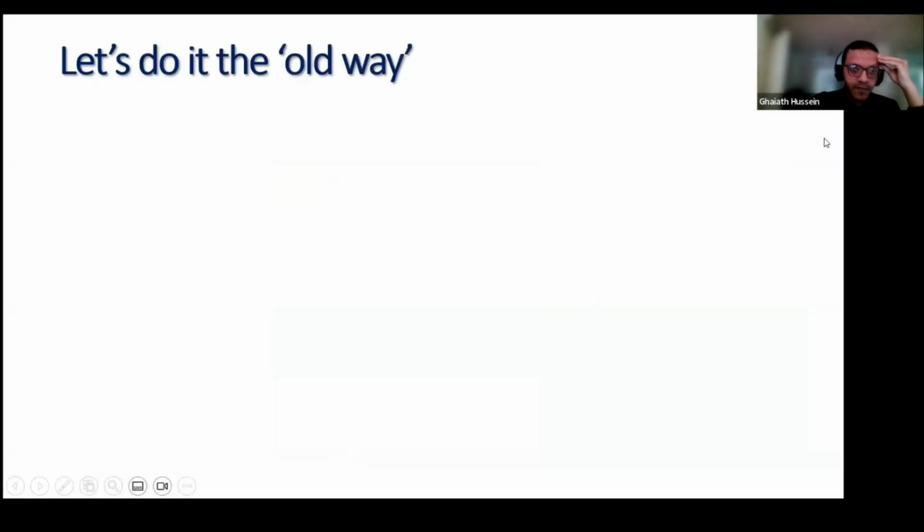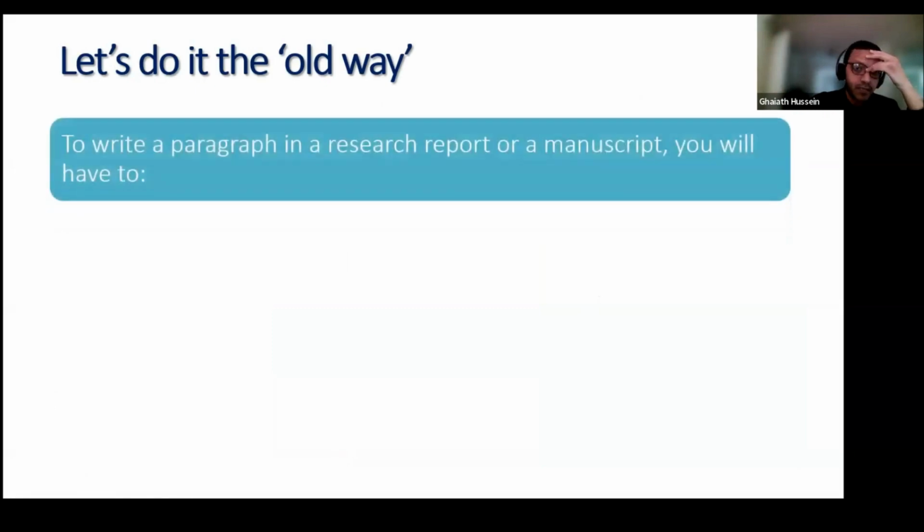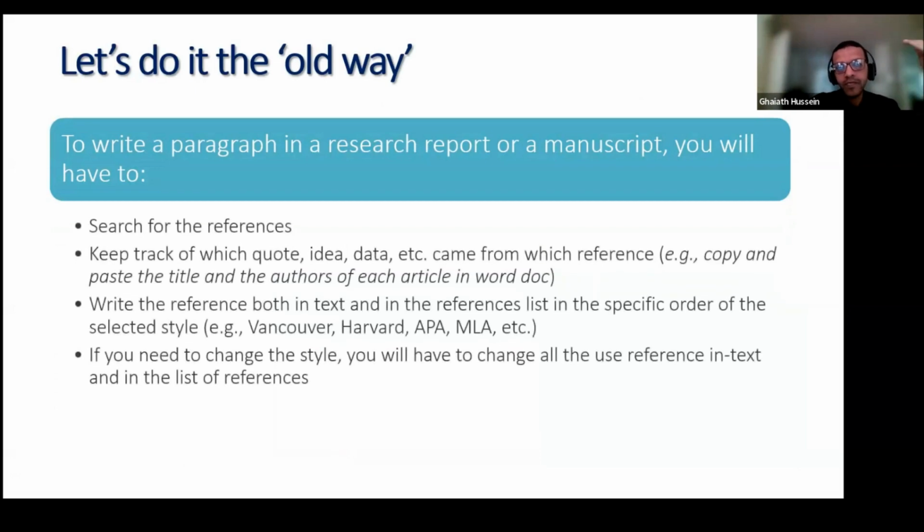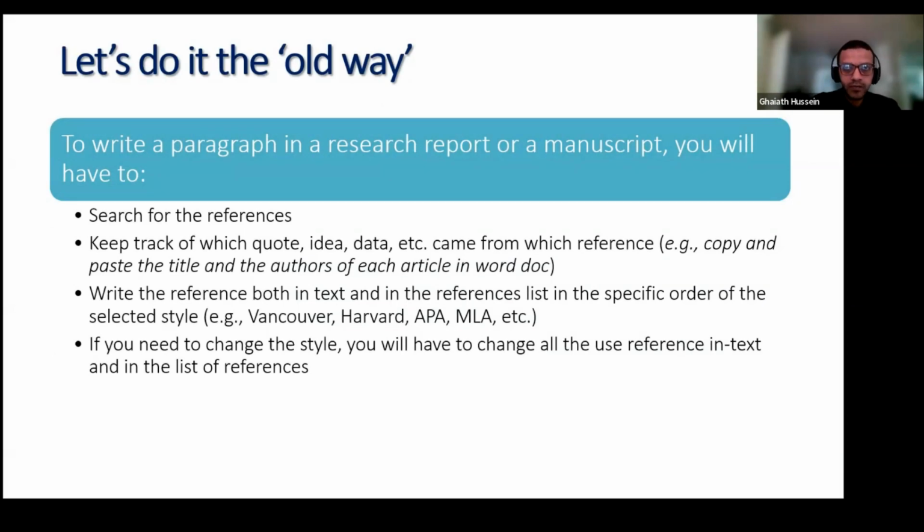So first things first, let's imagine writing the old way, before Mendeley, without EndNote. If you want to write a paragraph or part of your thesis, your project, your report or your manuscript, there are the classical steps where you go search for the references and then basically copy and paste in a Word document, and then you need to keep track of which code or idea or data came from which reference.